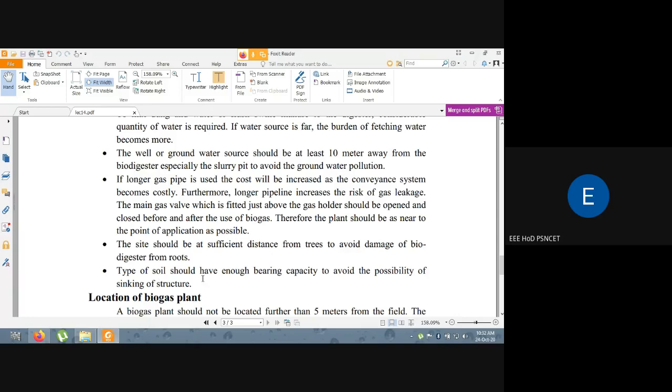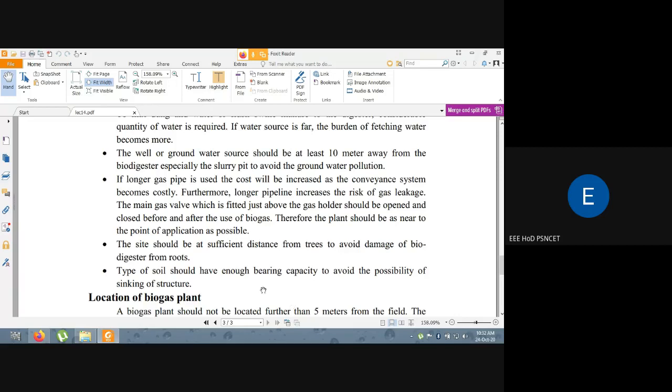Then the soil should have the bearing capacity. So if we are building a plant, before construction itself we should test the soil's tensile strength. Several tests should be performed before the construction.